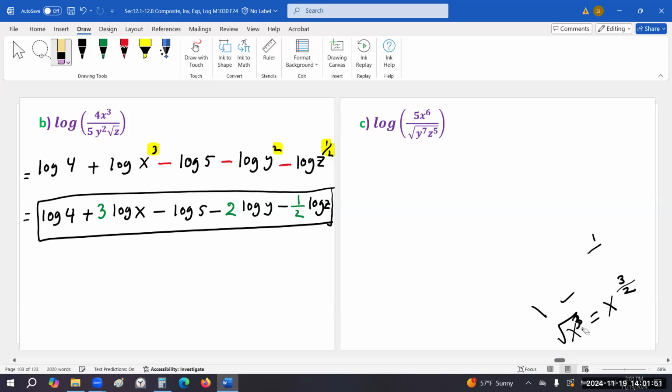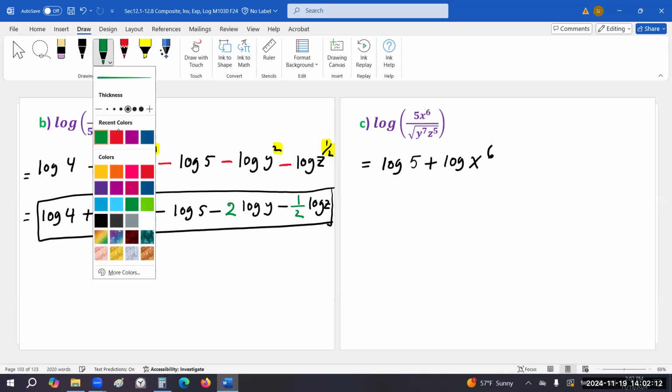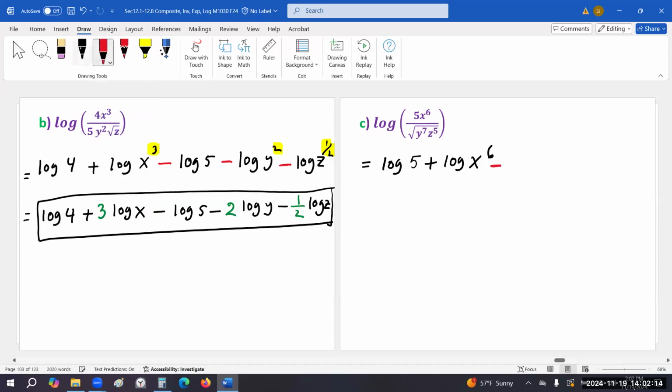Stephanie, you want to try? Okay. Go ahead. So I had 4 logs. I had log 5 plus log x to the power of 6, minus square root of y to the 7, minus log square root of z to the fifth power.